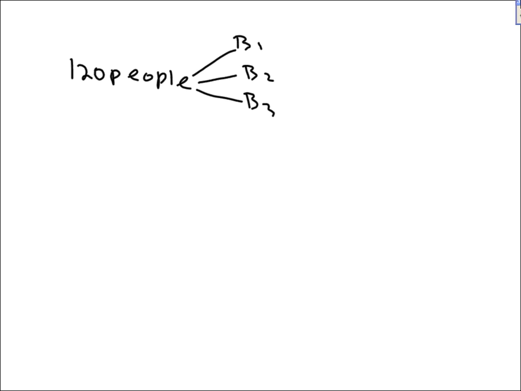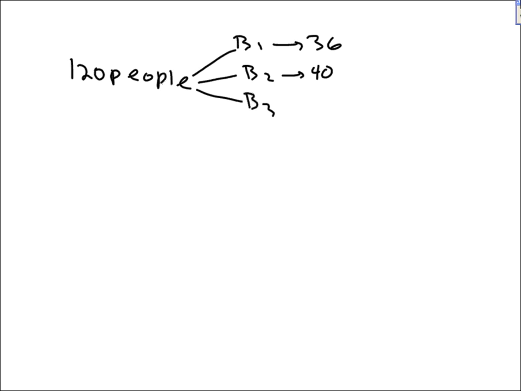Suppose you have 120 people. You want to put them on 3 buses. Bus 1, bus 2, bus 3. Bus 1 has 36 people.